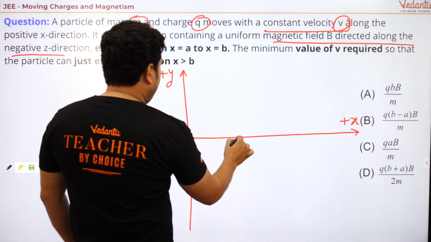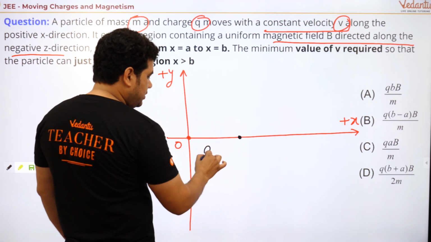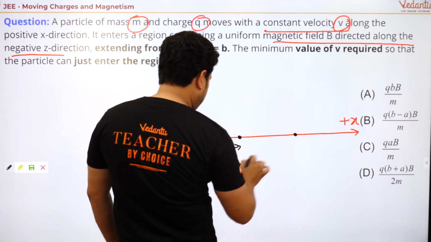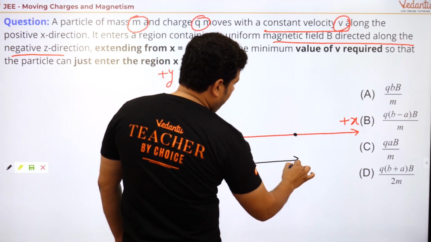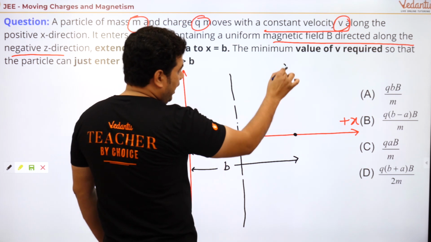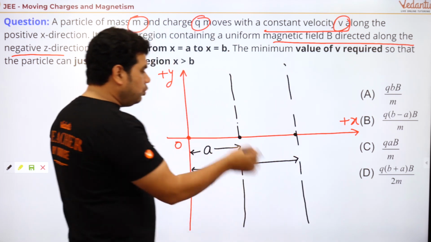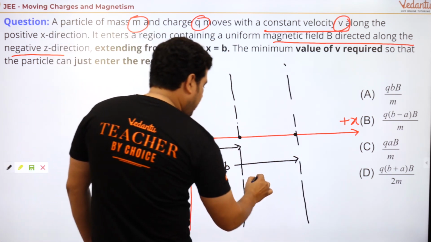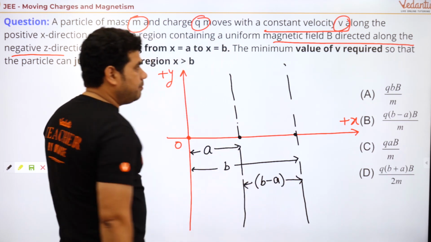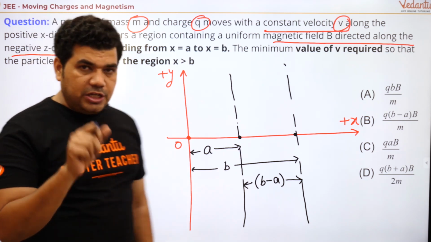extending from A to B. This distance is suppose A and this distance is suppose B, and magnetic field is present only in that region. Which region? A to B means distance B minus A. And what's the direction of magnetic field?